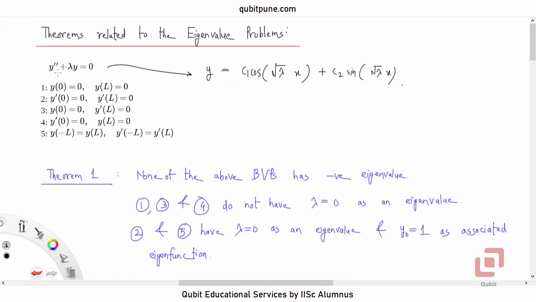I mean, if you solve the auxiliary equation, you are going to get m as plus or minus root of negative lambda. So we are going to deal with these 5 boundary conditions or boundary value problems, and let me tell you what all of them mean one by one. We're going to make use of these in solving partial differential equations, mind you.